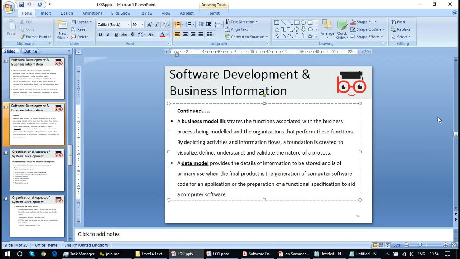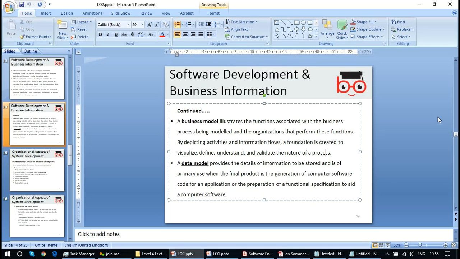So, the business model needs to be presented in a kind of visual form, and the visual form would be the analysis and design of the software development.